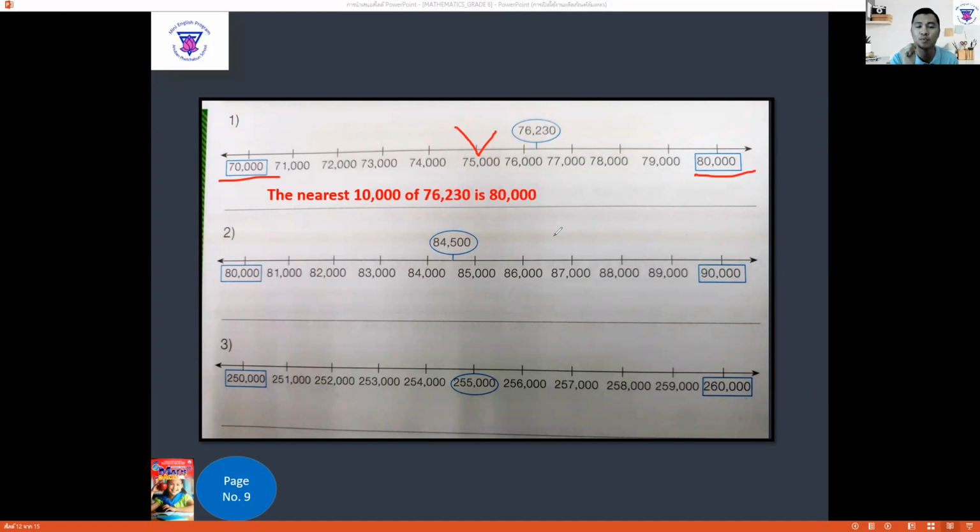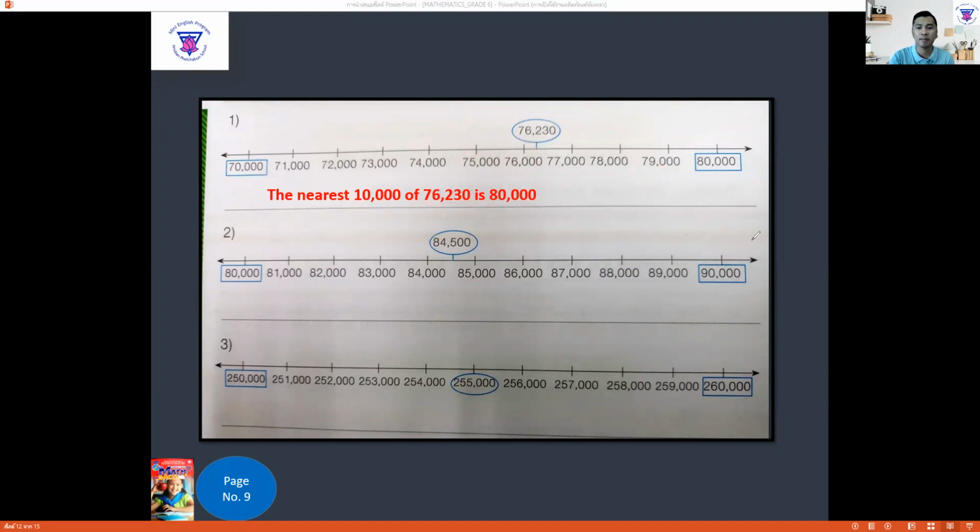Since we only need the nearest 10,000 of this number, we have to find out the answer. So therefore, again, the nearest 10,000 of 76,230 is 80,000. Now it's your turn, student.